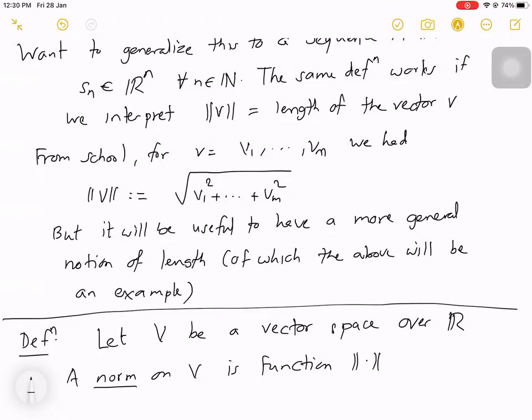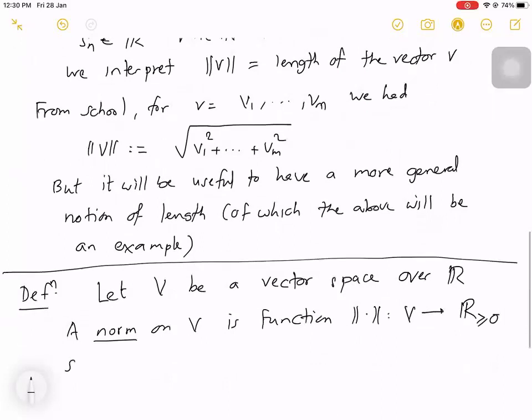Rather than the prefix notation, we have an infix notation for this function, if you will. So from V to the set of real numbers greater than or equal to 0, satisfying some properties. And they're very reasonable properties.